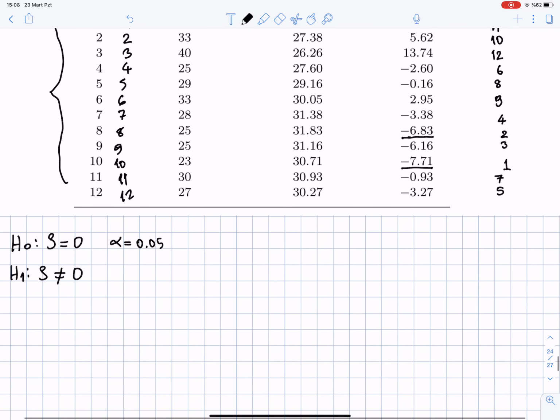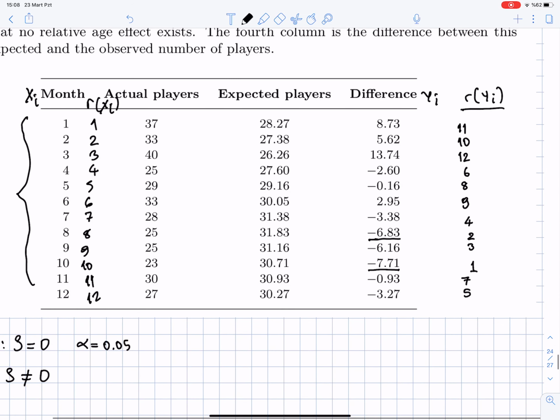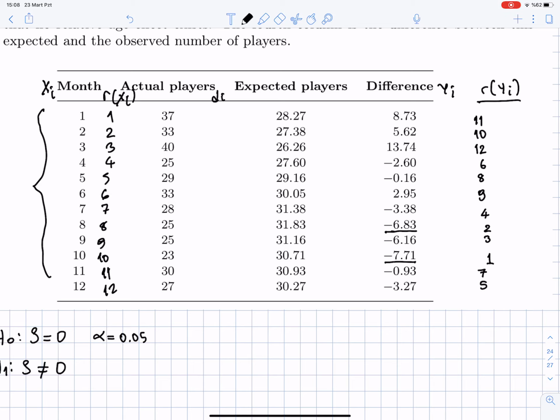So the calculation will be pretty simple. You need to get the difference. I'm going to place the difference in here, where I have a space. So subtracting, 1 minus 11 becomes minus 10. And 2 minus 10 becomes minus 8. You need all these differences.